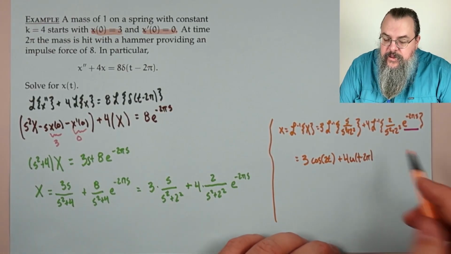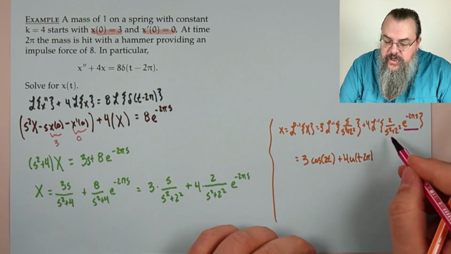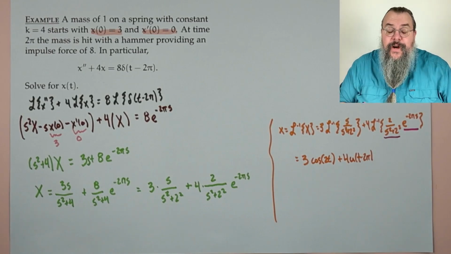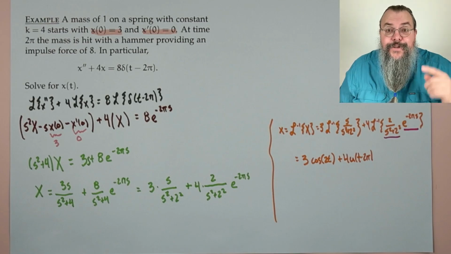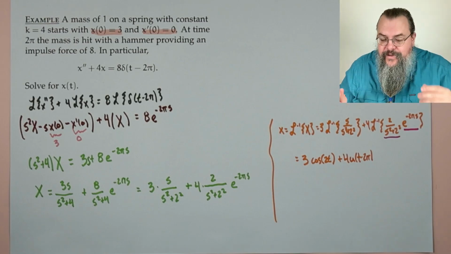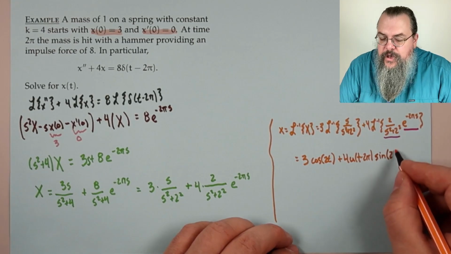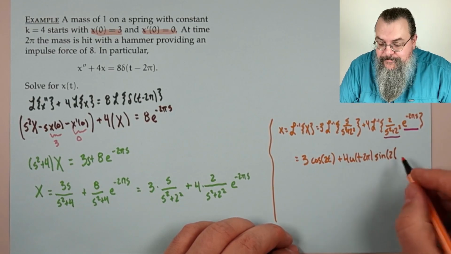Now, this portion, this 2 over s squared plus 2 squared, we say, what would it be if we didn't have to worry about the e to the minus 2 pi s? And it would be a sine, sine 2t. So we say, great, it's still sine. So it's sine of 2, but here you replace t by t minus 2 pi.